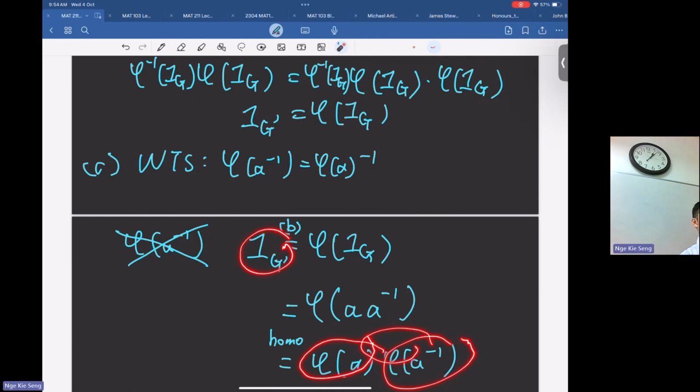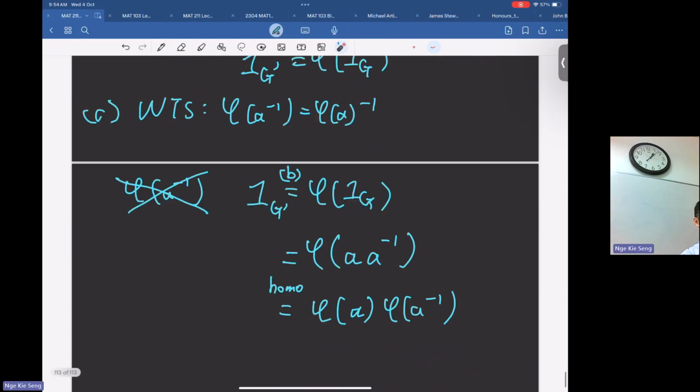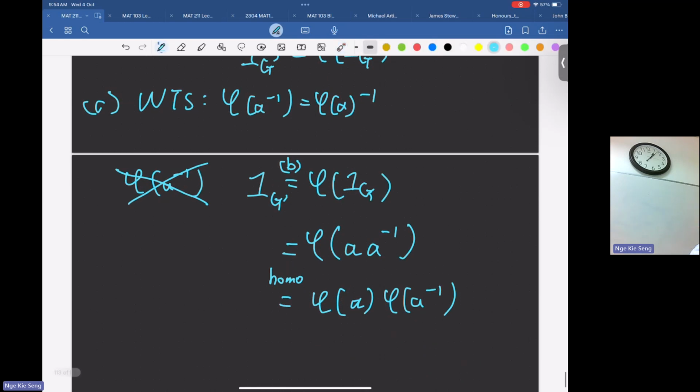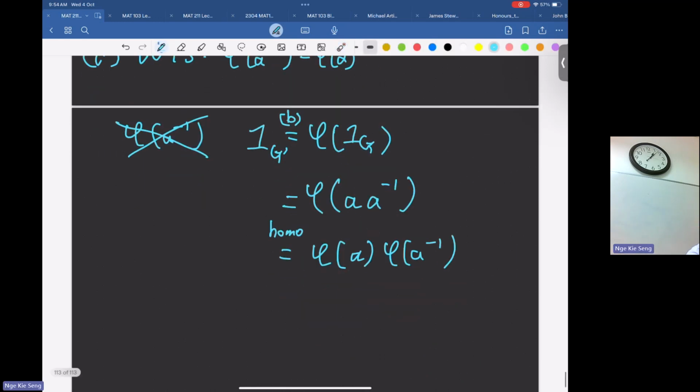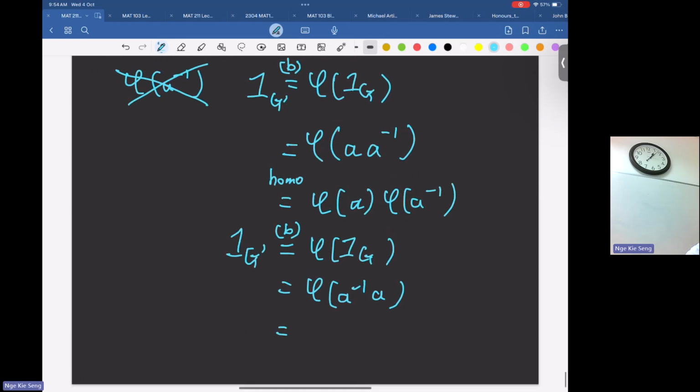To find the inverse, you need the right inverse as well. So you need to do another calculation. This is really similar to your common problem. You need to do the other side, which is A inverse times A. You can also use the homomorphism to split it.